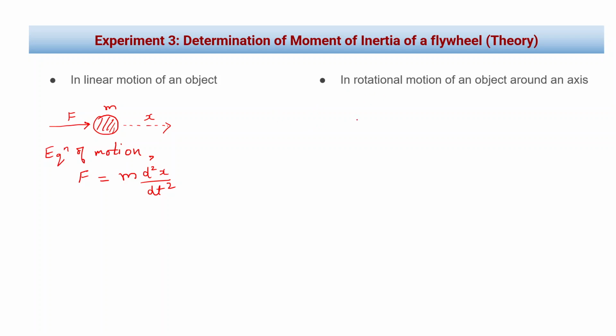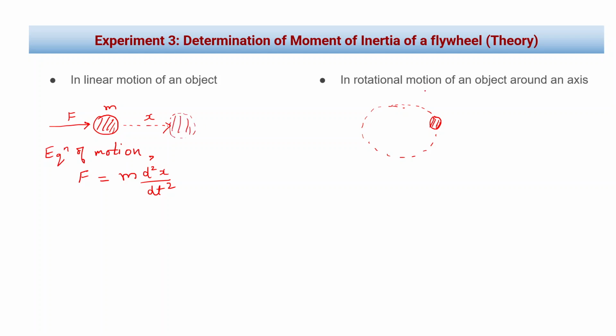Now for the same object, if it undergoes rotational motion with respect to an axis, for example it's following this circular path, after displacement it reaches another position.